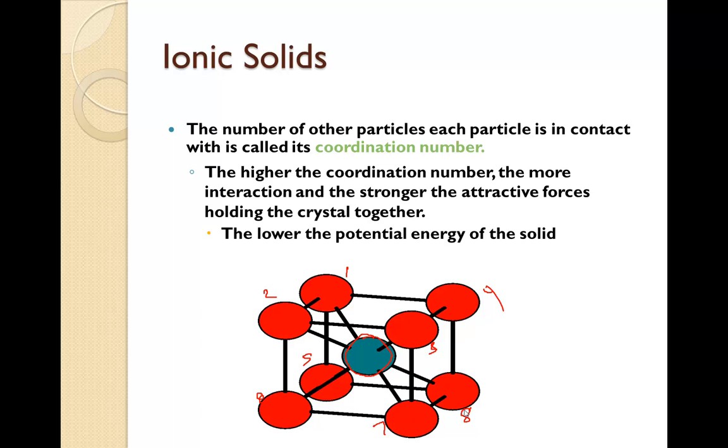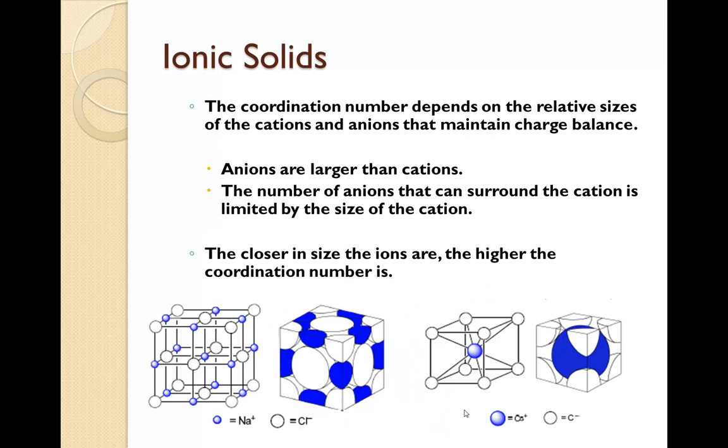The higher the coordination number, the more interaction and the stronger the attractive forces holding the crystal together. The coordination number depends on the relative size of the cations and anions that maintain the charge balance. Anions are typically larger than cations. Remember, anions gain electrons in the process.